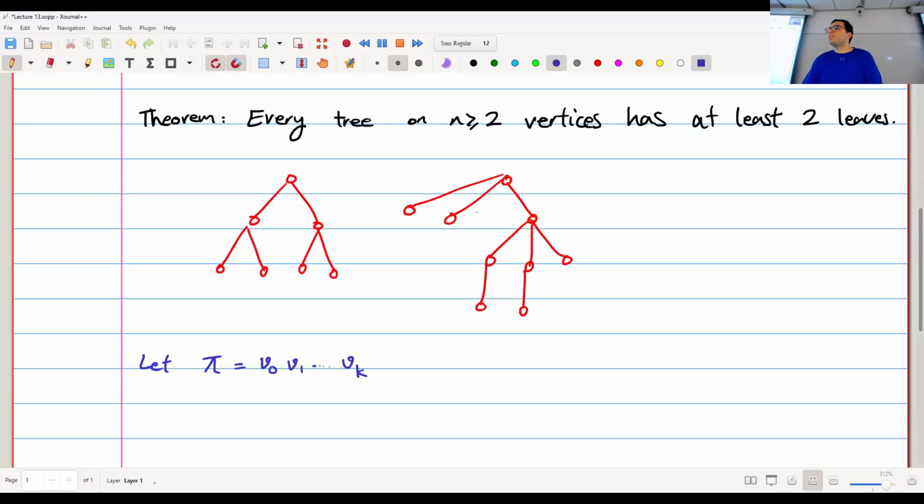I'm only writing the vertices here because you know the edges when I write the vertices, okay? So let this be a longest path of my tree. Okay. I claim that both endpoints of this path are definitely leaves. So I claim that V0 and Vk are leaves.